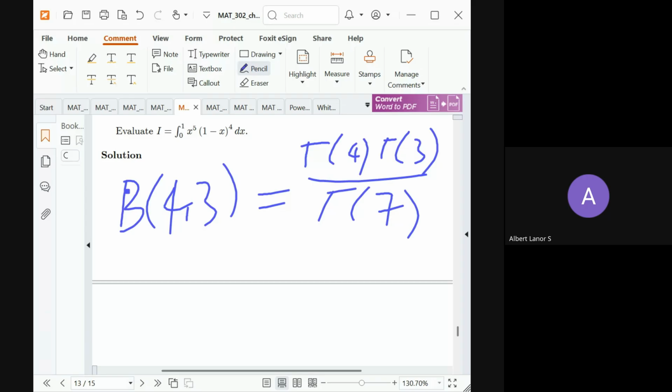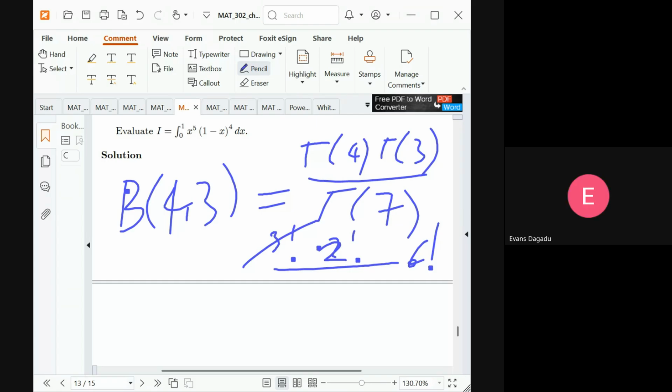Now when you evaluate, this will be 3 factorial times 2 factorial, divided by 6 factorial. Okay, so 3 factorial, 2 factorial, what do you have?